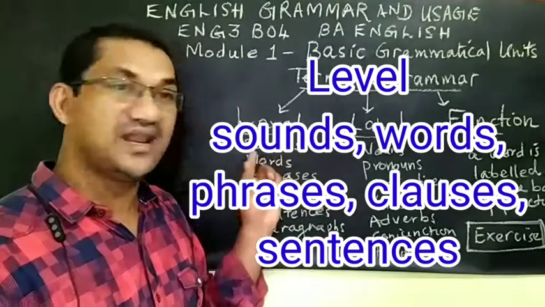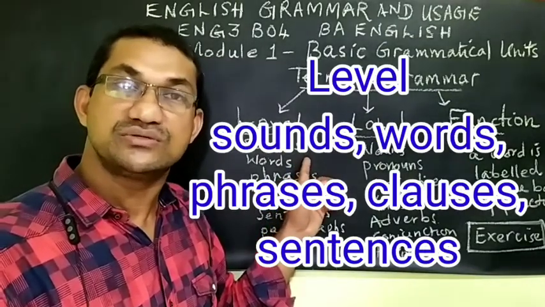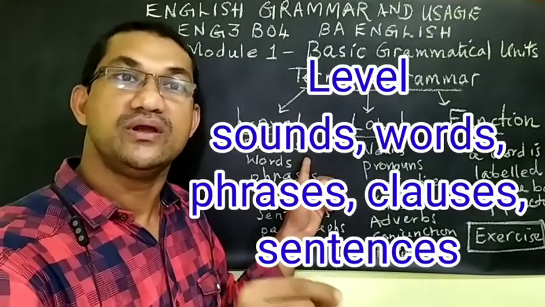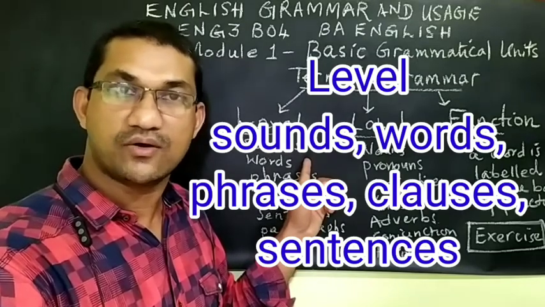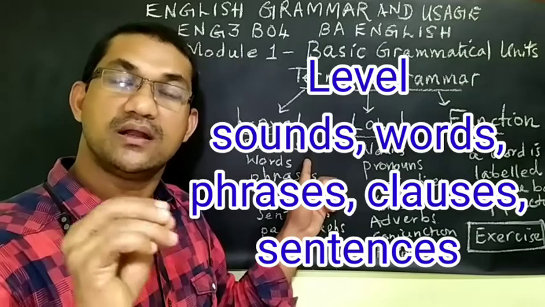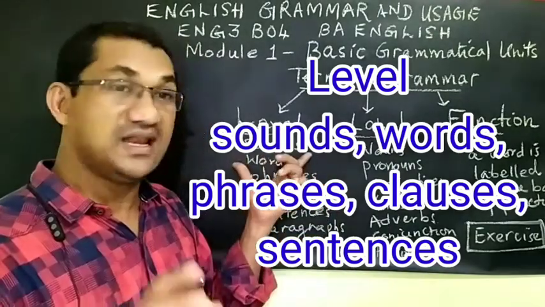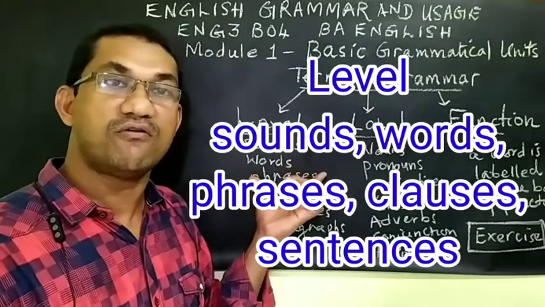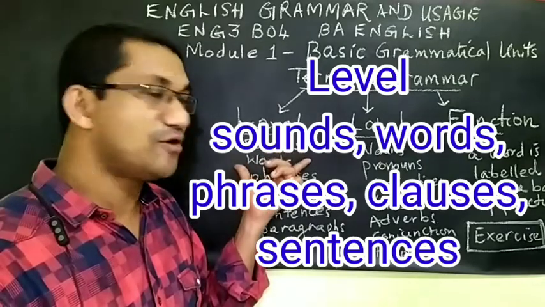The level of sounds refers to A, B, C, D, E, F, G, X, Y, Z, and the 44 phonemes.